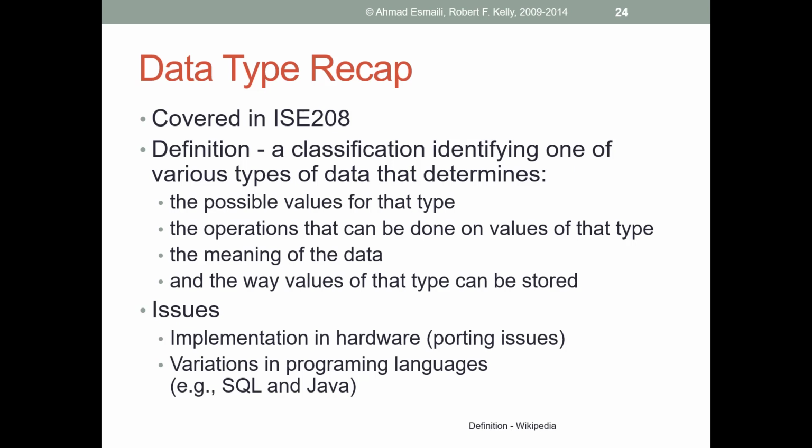So these data types help us declare an attribute in such a way that the attribute is compatible with the type. A classification identifying one of the various types of data determines the possible values that the data type will have, the operations that you can perform on that data type, and the meaning of the data, and there are other issues also.